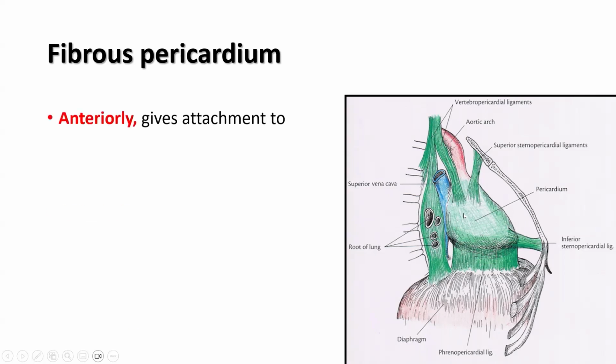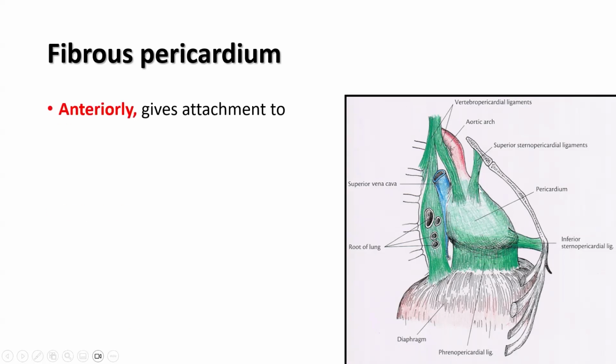Now, anteriorly, this fibrous pericardium is attached to the sternum by two ligaments. One is called superior sternopericardial ligament. This ligament connects the fibrous pericardium to the posterior aspect of manubrium sterni.